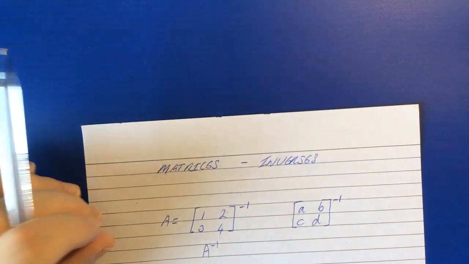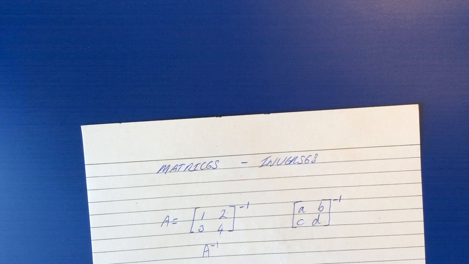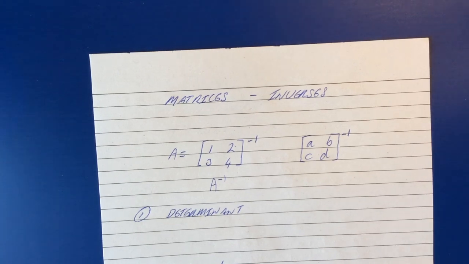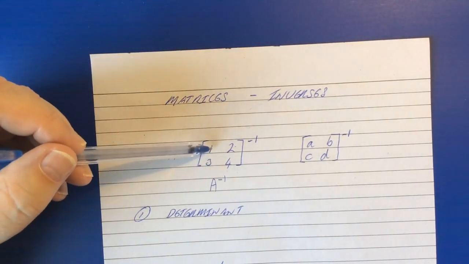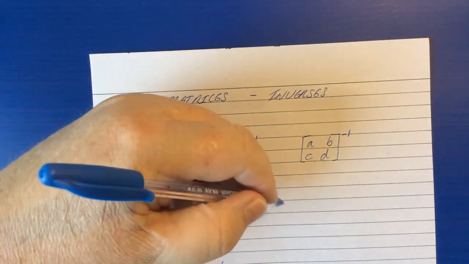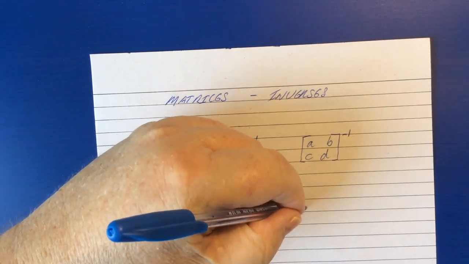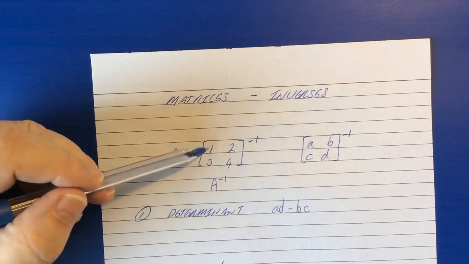Now, there are some processes involved in finding the inverse. And the first job to do is to figure out what the determinant is. And the determinant is this number times this number minus this number times this number. So A, D minus B, C. So let's just go ahead and do that.